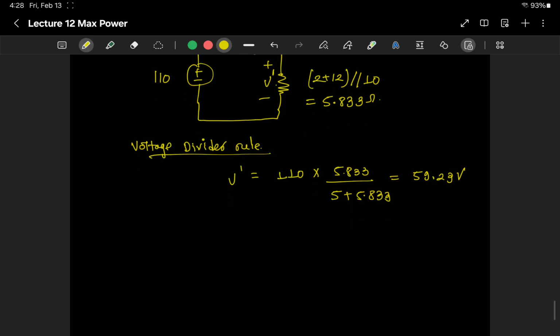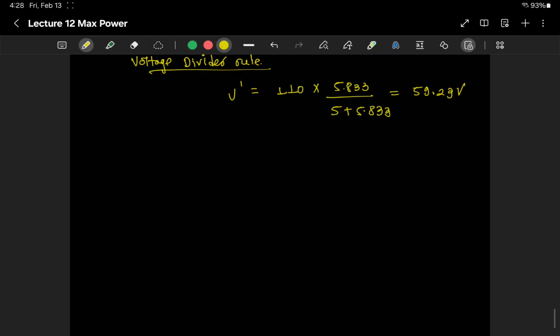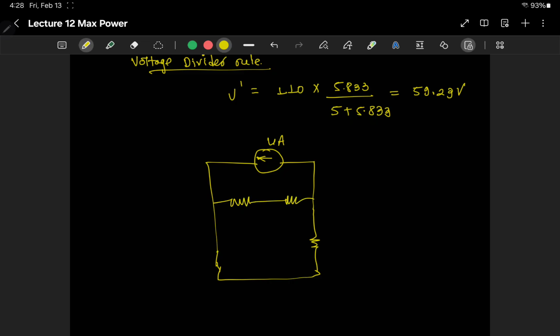If we are going to activate the current source only and deactivate the voltage source, you might already know that we'll be going to short circuit that voltage source, right? There was a voltage source there in our initial circuit diagram, and we're going to short circuit that.